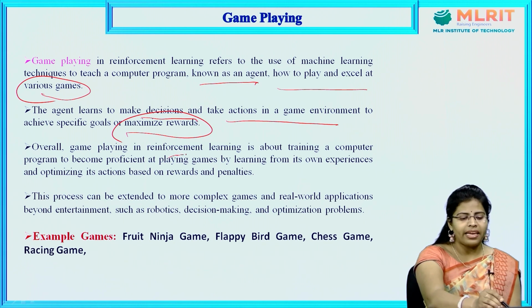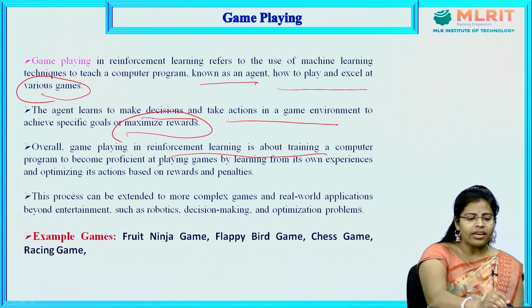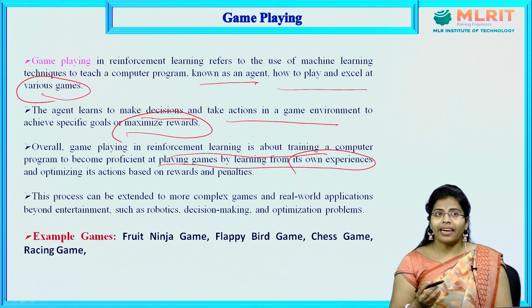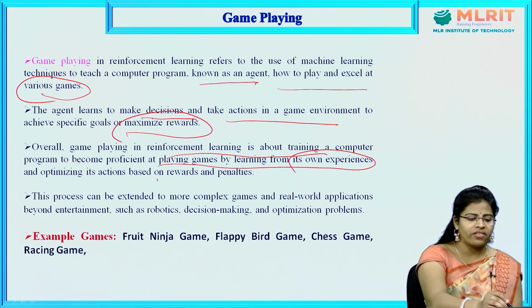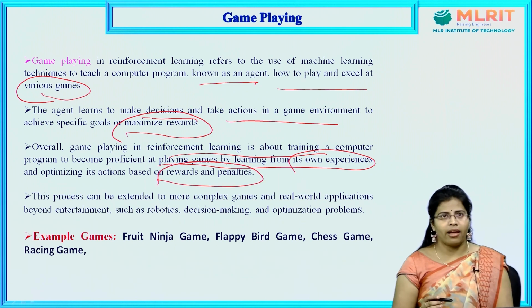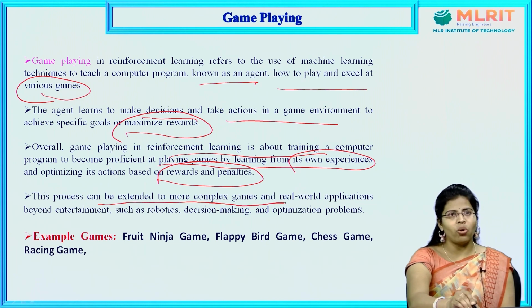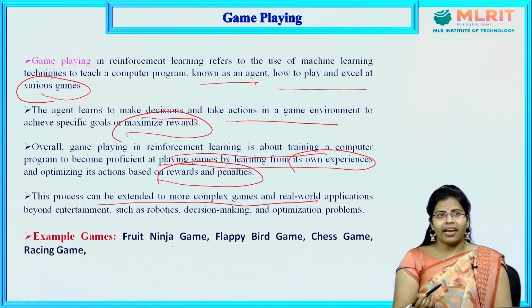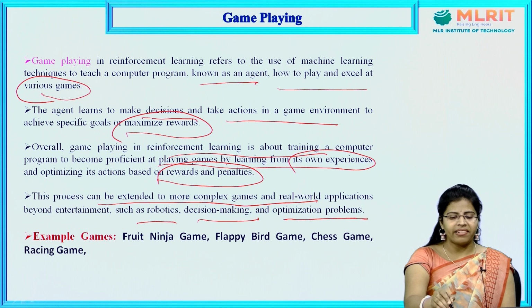Overall, game playing in reinforcement learning is about training a computer program to play games by learning from its own experiences, on a trial and error basis, with rewards for the correct actions and penalties for wrong actions. The process can be extended to more complex games and real world applications, such as robotics, decision making and optimization problems.